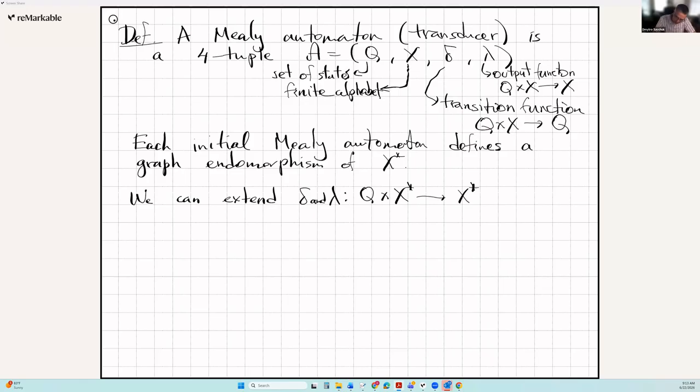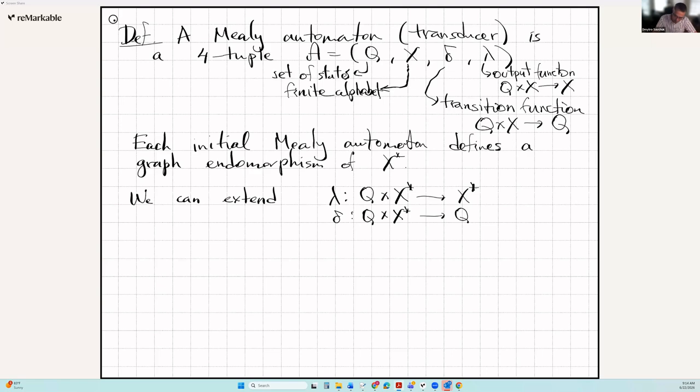Let's be a little more precise: lambda will be from Q cross X star to X star, and delta from Q cross X star to Q. So now you're allowed to read finite words. The output will be a finite word, and if you are in state Q and you read a finite word, you will end up in some other state of this automaton.